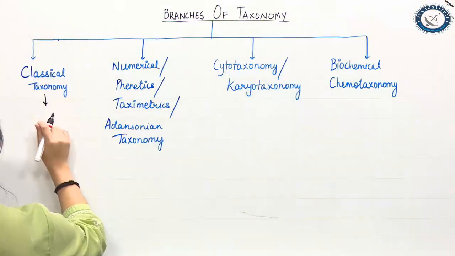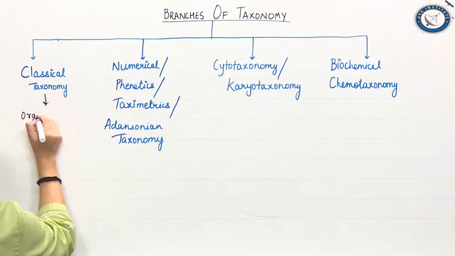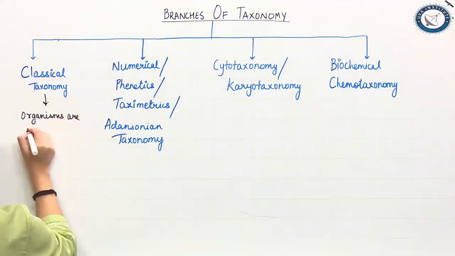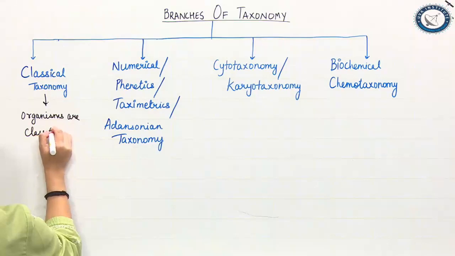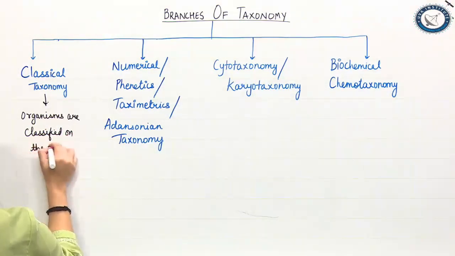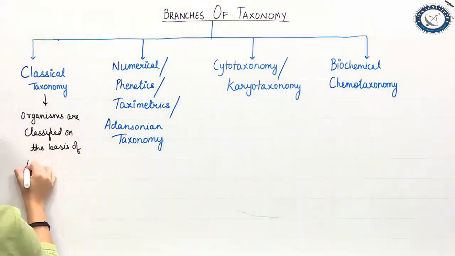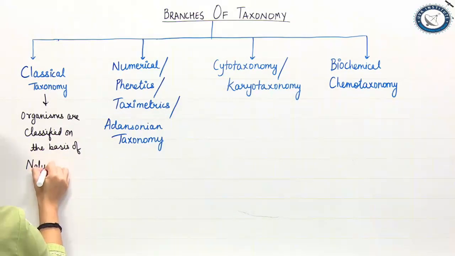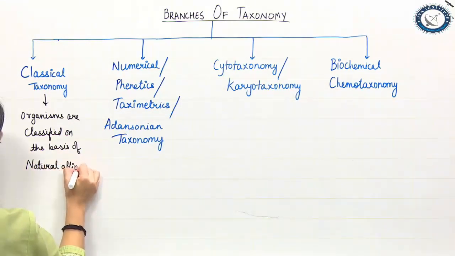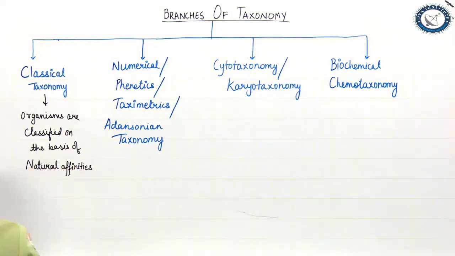Classical taxonomy: organisms are classified on the basis of natural affinities.